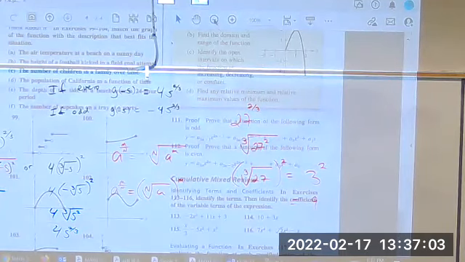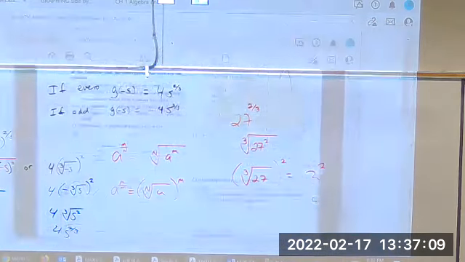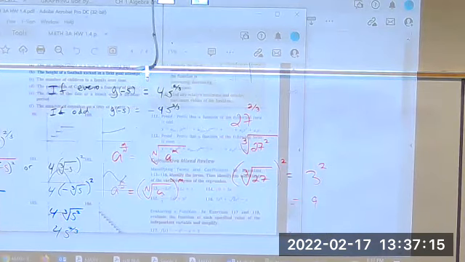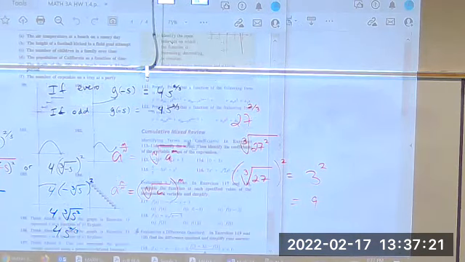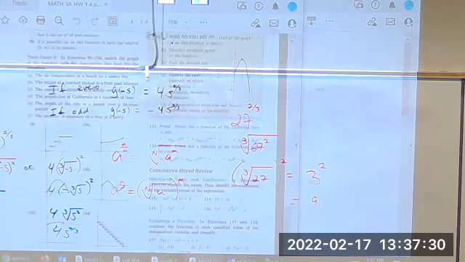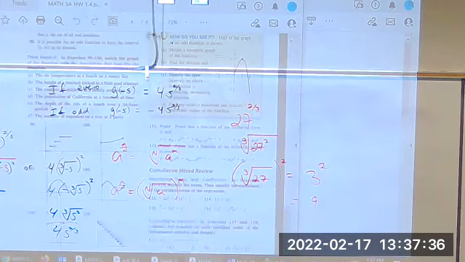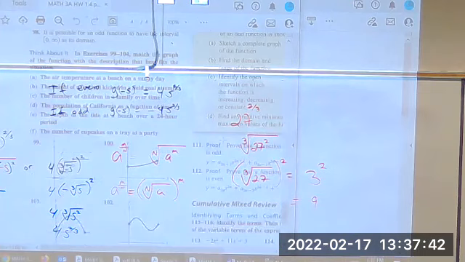Multiple choice, A, B, C, or D. I always shrink this down because I don't like the little negative space on the left and the right. And you're supposed to match this up. Match the graph of the function with the description that best fits the situation.